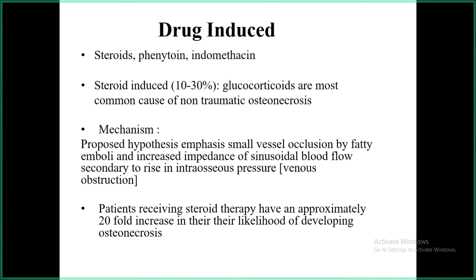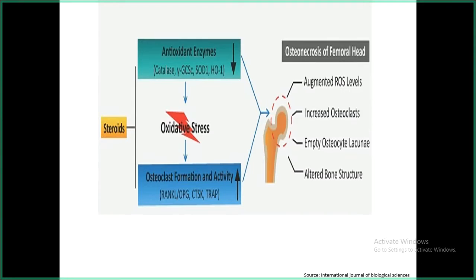The proposed hypothesis emphasizes small vessel occlusion by fatty emboli and increased impedance of sinusoidal blood flow secondary to a rise in intraosseous pressure and venous obstruction. Patients receiving steroid therapy have an approximately 20-fold increase in their likelihood of developing osteonecrosis. This is again the mechanism when the patient has taken steroids.